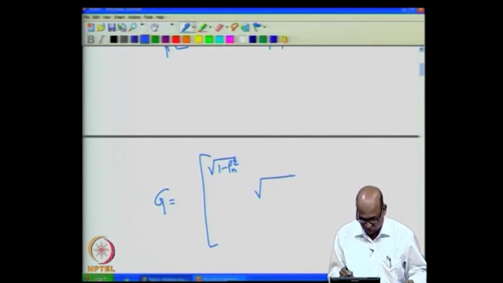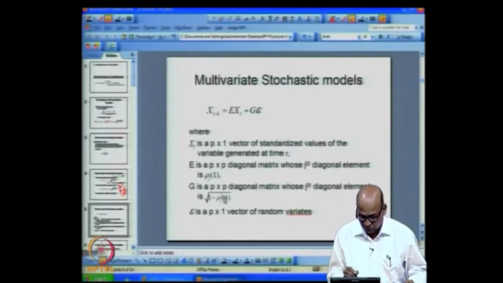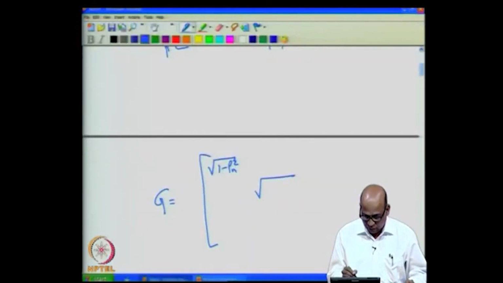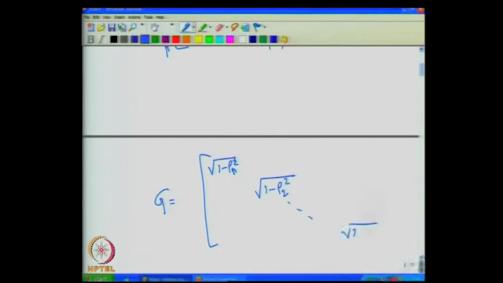then root of, you just look at the expression here, that is a p by p diagonal matrix whose jth diagonal element is root of 1 minus rho j square 1. This indicates the site j, and this indicates that it is a lag 1 autocorrelation that we are talking about. So, we will write this as root of 1 minus rho 1 square, root of 1 minus rho 2 square and so on, root of 1 minus rho p square, all other elements are zeros.